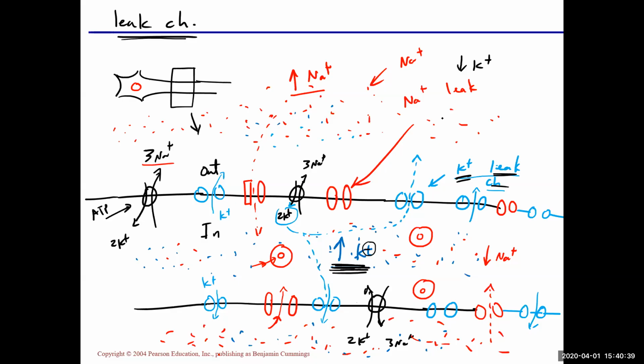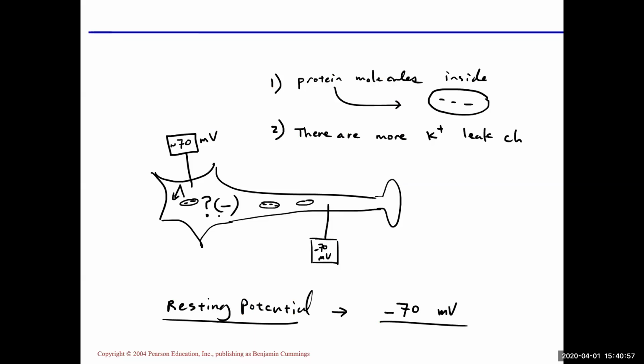When more positive is leaving the cell, what's going to happen inside? Inside is going to be less positive, or in our case, more negative, which is the same thing. Positive ions are leaving. So if they're leaving, then the inside of the neuron is going to have fewer positive charges, in this case, negative 70 millivolts.